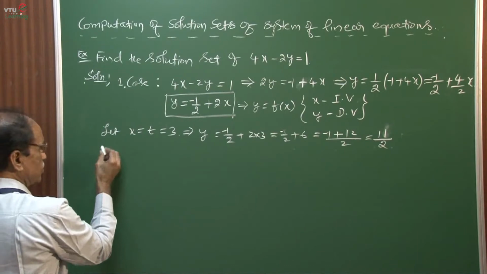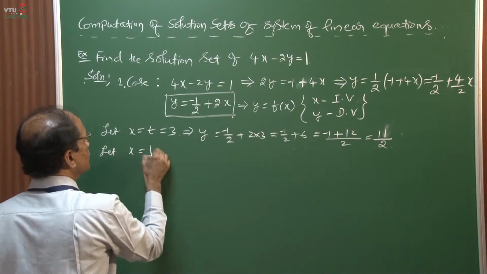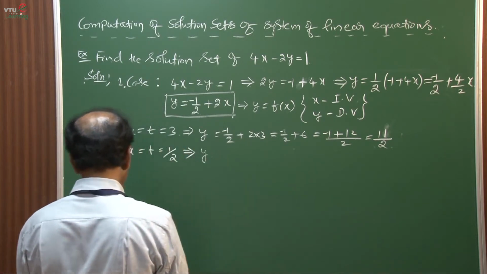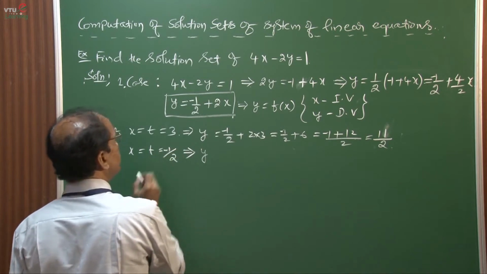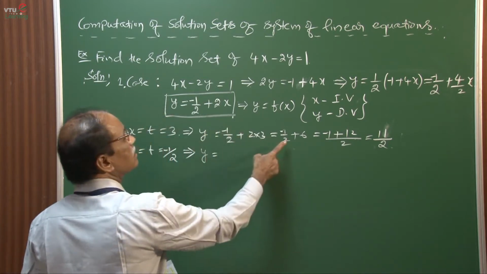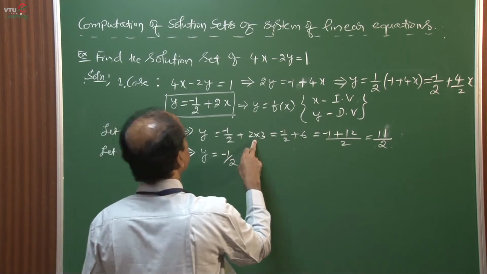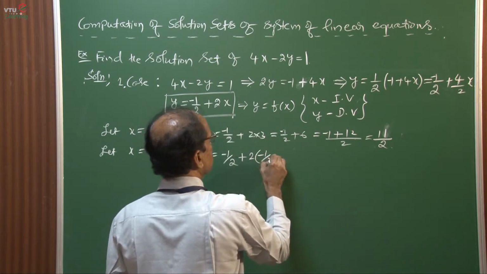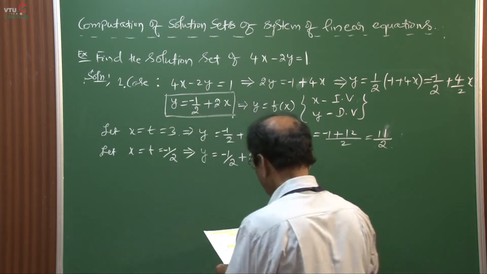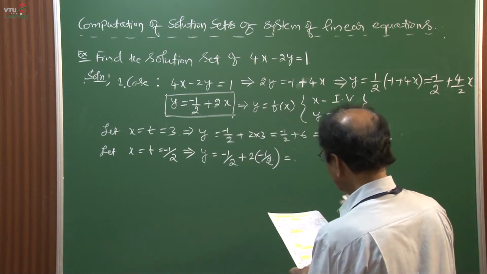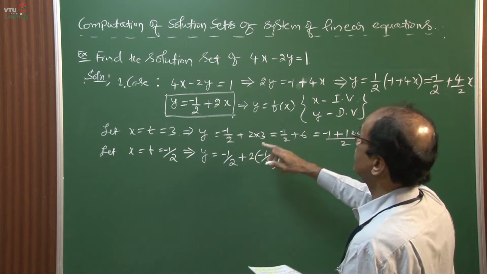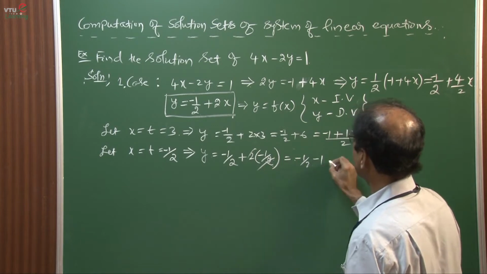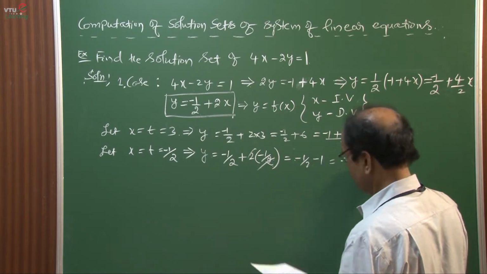Now another choice you take, let x is equal to t is equal to minus 1 by 2. If you take that, then y is equal to minus 1 by 2 and in place of 2t, that is 2 into minus 1 by 2, then y is equal to minus 1 by 2, 2 cancels and minus 1, that is equal to minus 3 by 2.